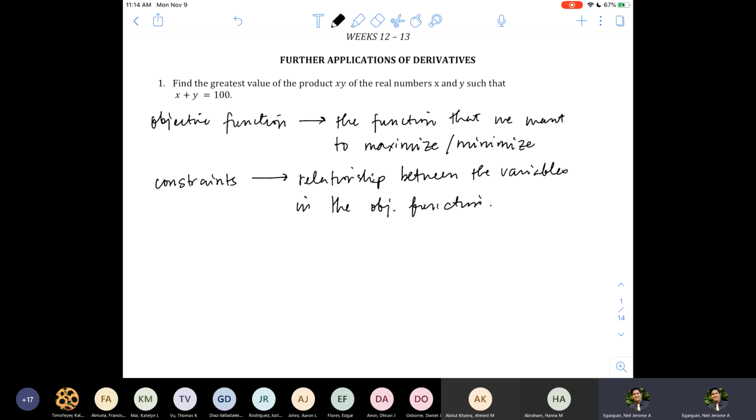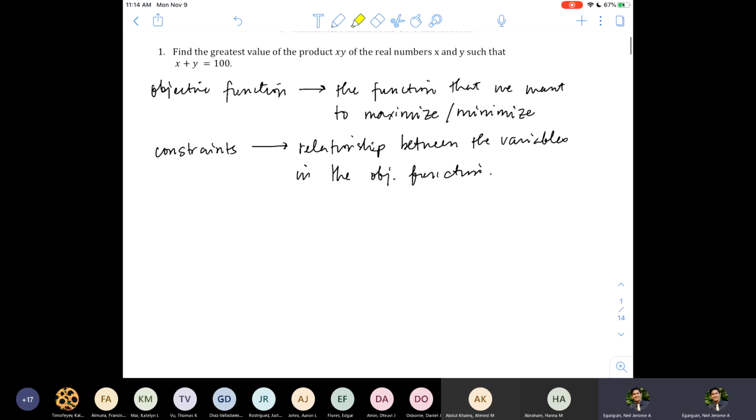Because if the objective function only involves 1 variable, then you can apply our basic tools on how to find the local or the global extrema we learned from chapter 3, right? But in the presence of 2 or more variables, we need to identify the constraints. So what relates those variables together, and what we need to do is to compute 1 variable in terms of the other, so that the objective function will be expressed explicitly in terms of a single variable, right?